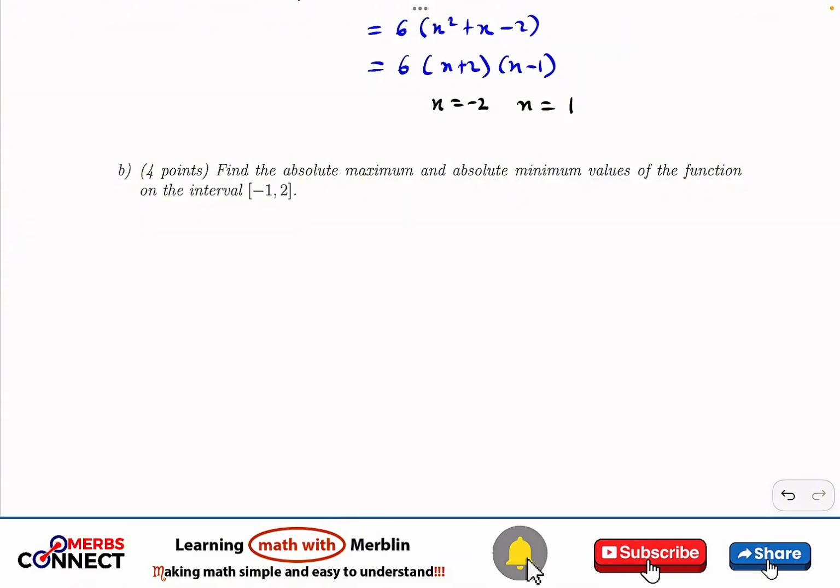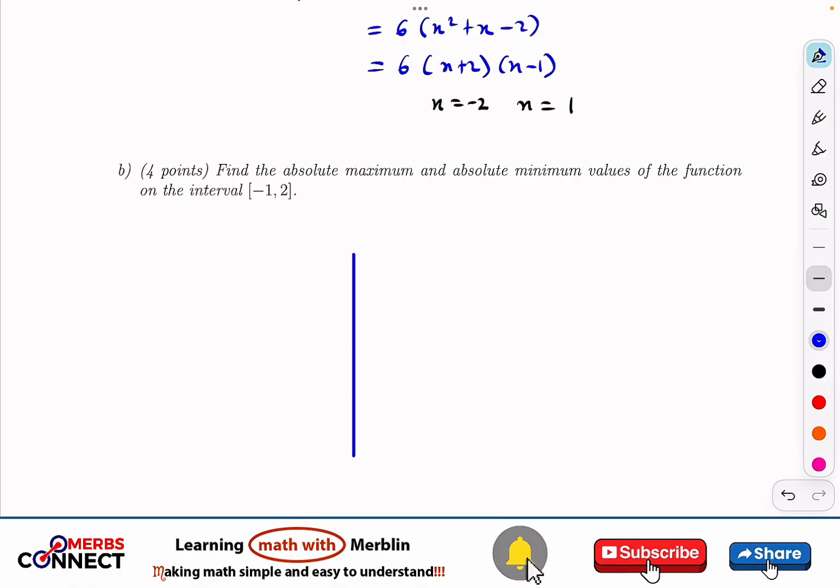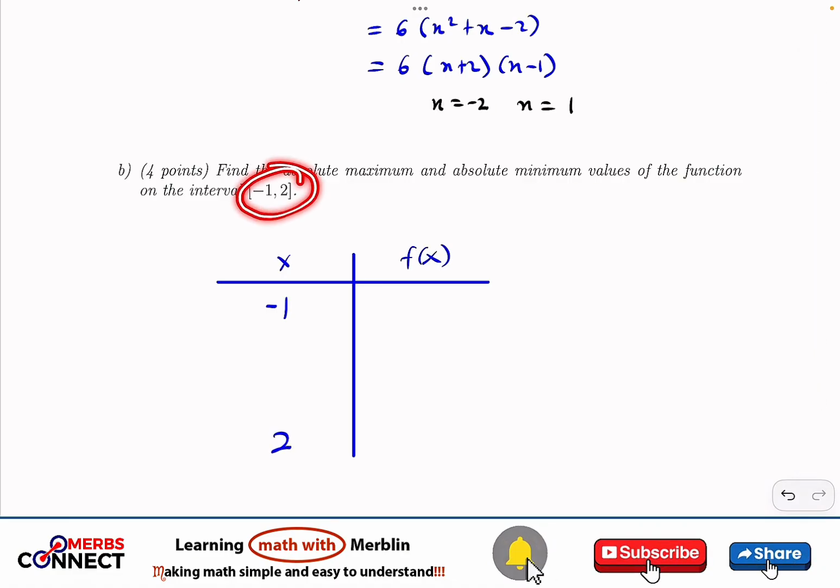Find the absolute maximum and minimum of the function. Okay. So this one, we just need a nice table. And what you need to remember is to make sure that you are using the original function and first state your endpoints from the domain.